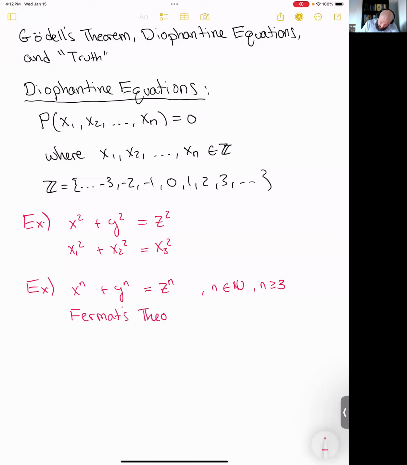And it was proven to not have integer solutions, but it's one of these proofs that took a long time to establish, even though it's very simple to state. And so this is a good example of a Diophantine equation.